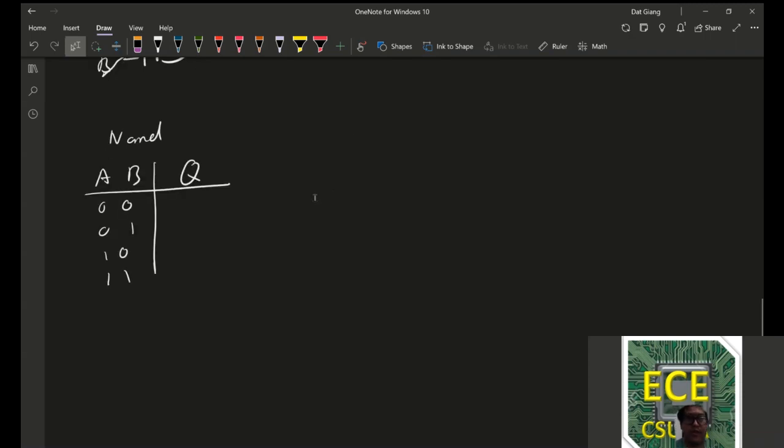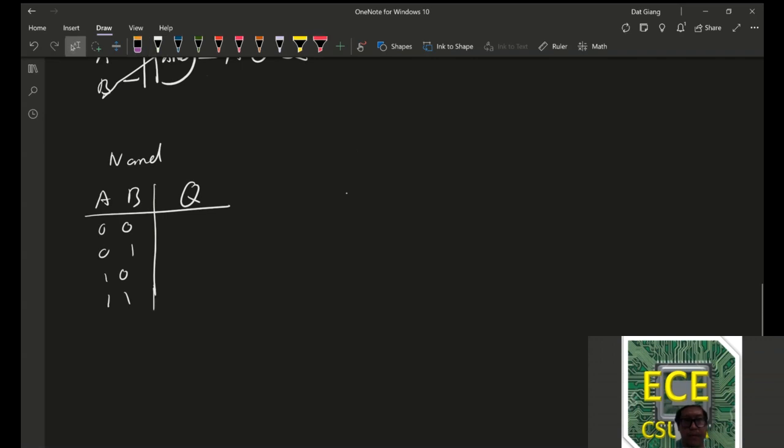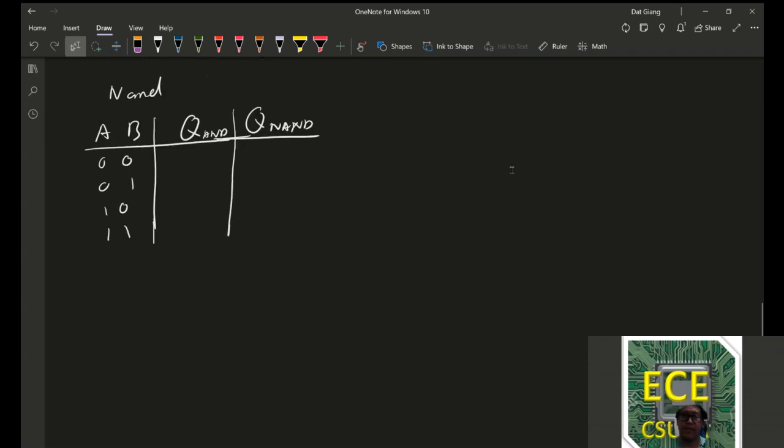I'm going to call this Q NAND, to help you see more easily how NAND and AND gates differ. Previously, AND gates were only true when both inputs were true. But for a NAND gate, all of it is true except for when both are true. So in a way, that is what is represented by (AB) complemented.